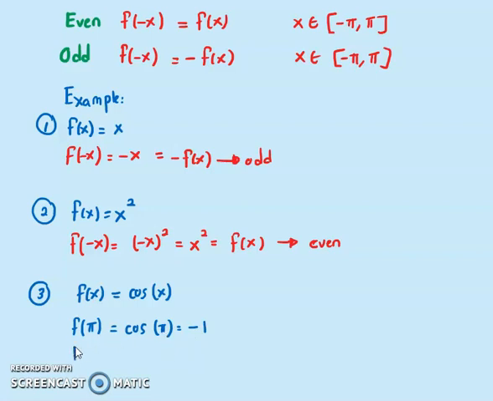Now let's find f of negative pi, which is cos of negative pi, and it is also negative 1, which equals f of pi. Therefore, we say this is an even function.